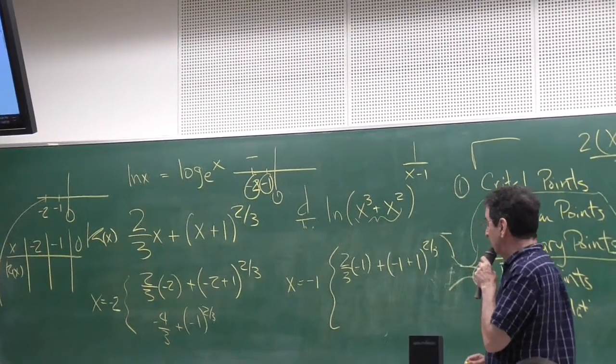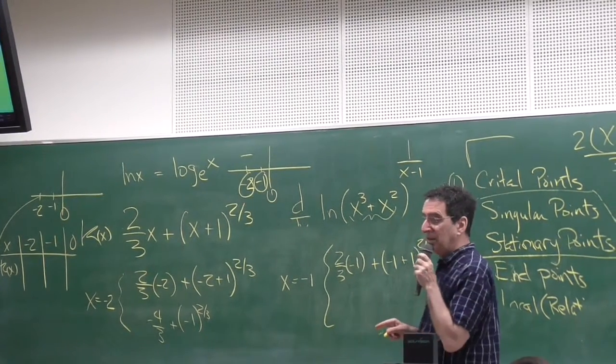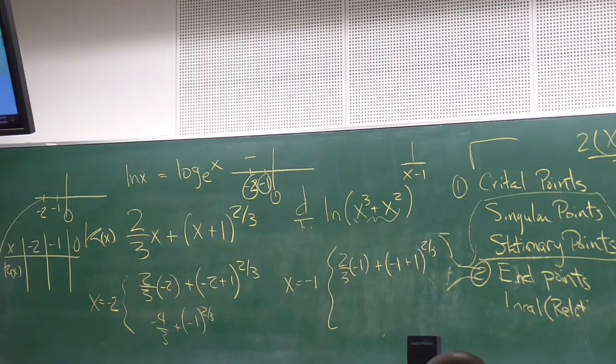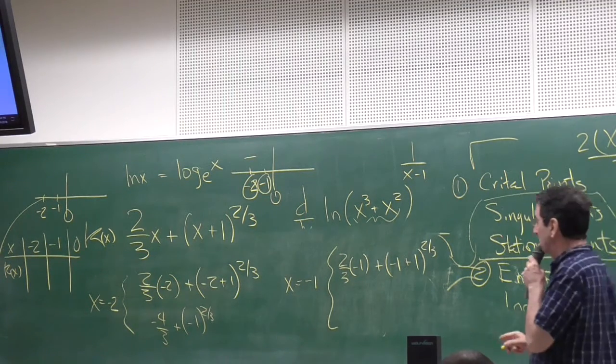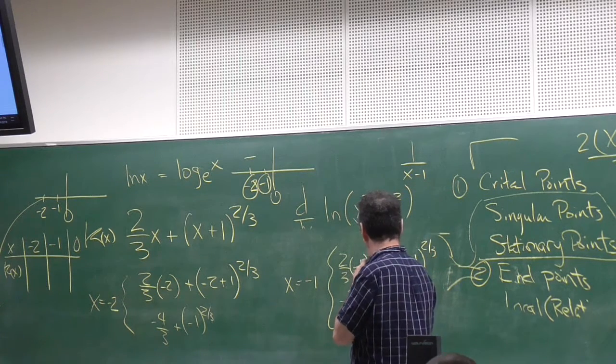Did I do that right? 2/3 that, negative 1 plus 1. Did I make a mistake here? Am I using the right formula? Yeah. Okay, so what does this give me? Negative 2/3 plus 0.